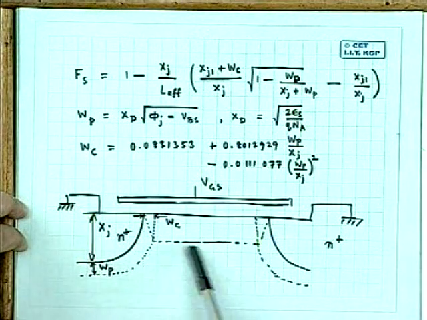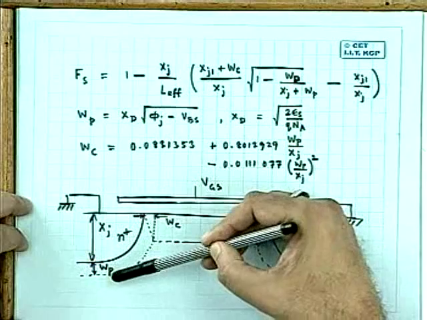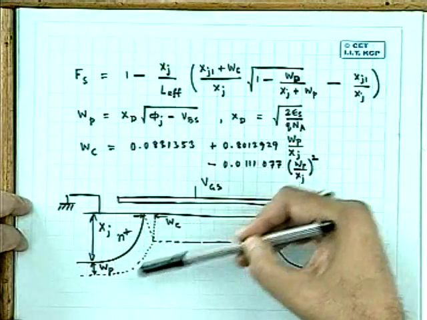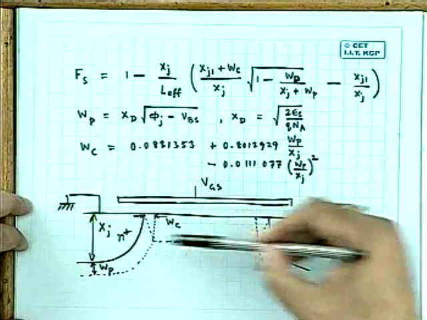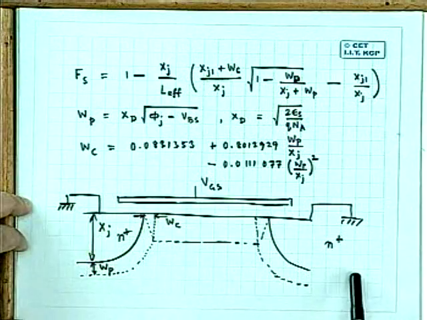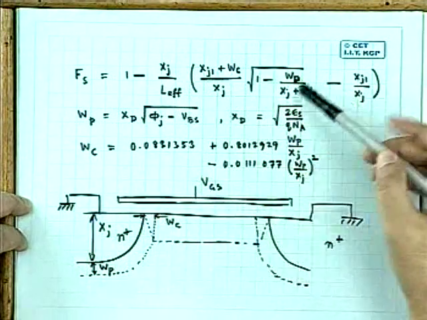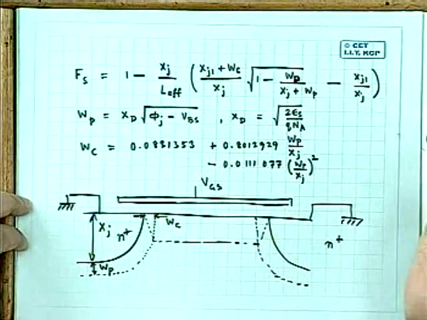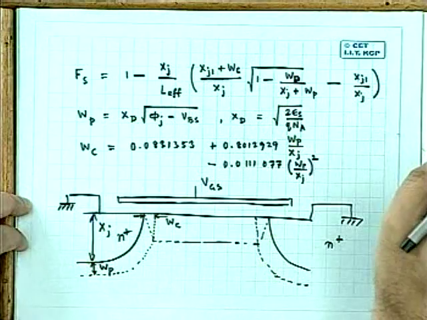This is the depletion layer boundary, and what they have done here, can you tell me what WP and WC are? Why have they chosen the suffixes P and C? Earlier I called it WS, WD, remember, but here in level 3 modeling, it is written as WP and WC. They have done something, and that is why they have used these suffixes.